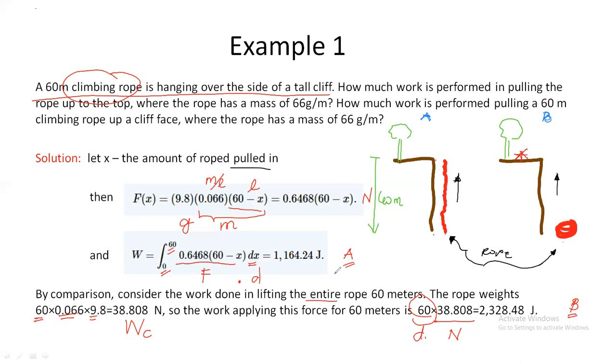Well, this one only needs 1,164.24. Okay, it's, I think, a given. Why? Because as you pull up the rope, the remaining weight there becomes lighter and lighter because a little of the length of the rope is exposed to the force of gravity.